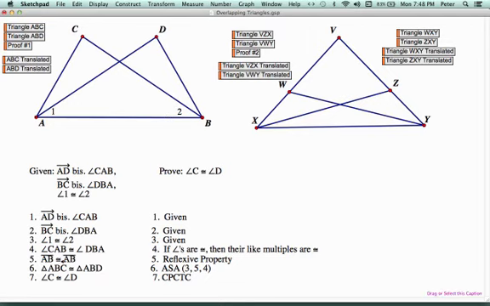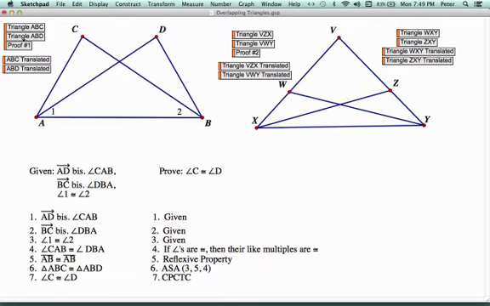Our key step from the overlapping triangles is that AB, the side shared by both, is congruent to AB by the reflexive property. That means that triangle ABC is congruent to ABD by angle side angle: the big angle, the reflexive side, and the small angle that we were given. Once we know that the triangles are congruent, we can prove angle C congruent to angle D by CPCTC.